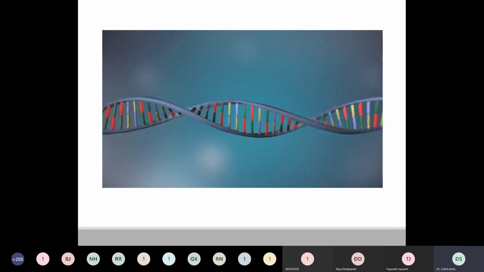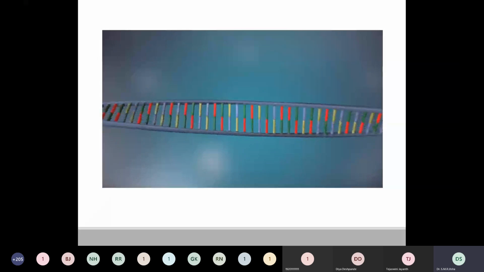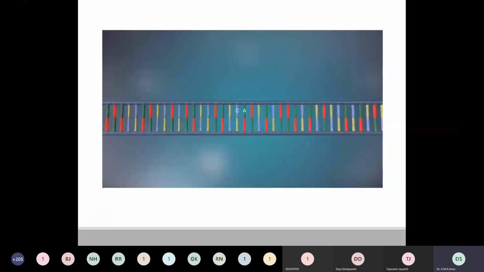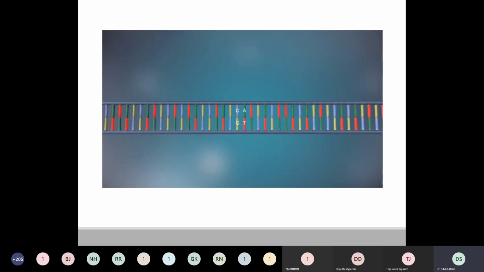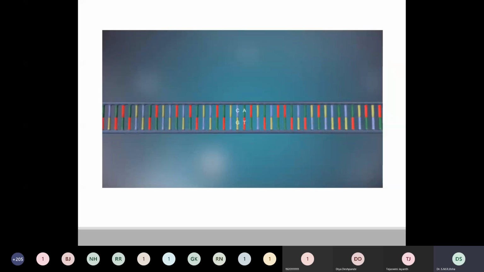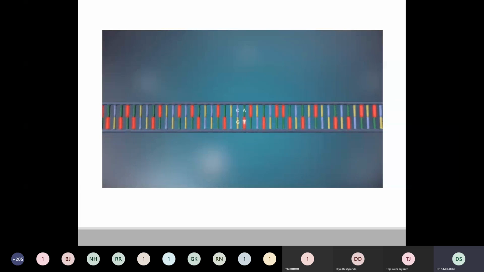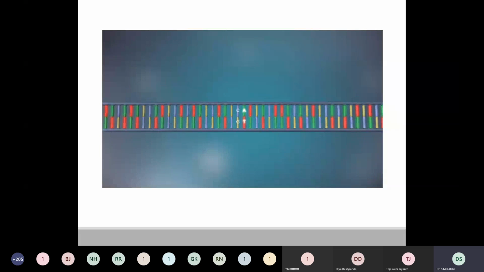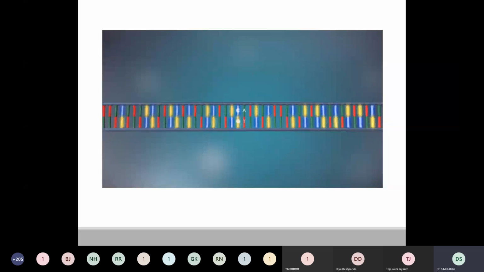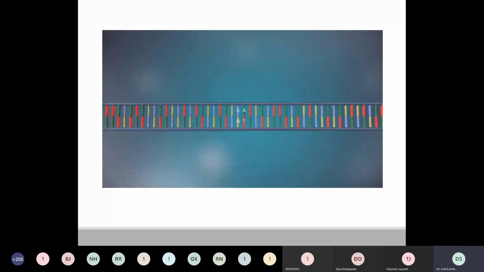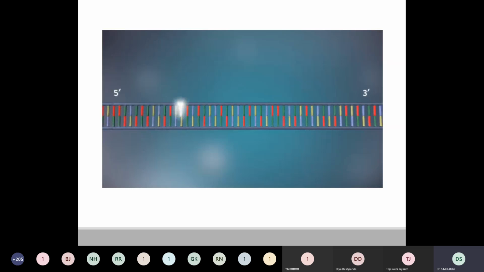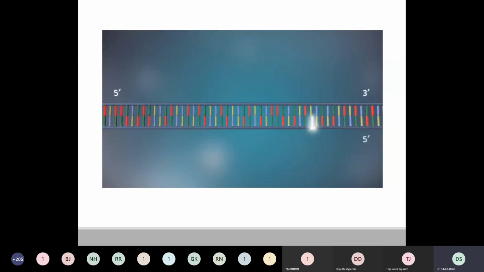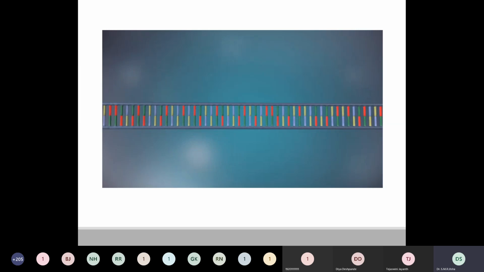Each strand is made up of a sequence of 4 chemical bases, represented by the letters A, C, G, and T. The two strands are complementary. This means that wherever there's a T in one strand, there will be an A in the opposite strand, and wherever there's a C, there will be a G in the other strand. Each strand has a 5' end and a 3' end. The two strands run in opposite directions. This determines how each strand of DNA is replicated.